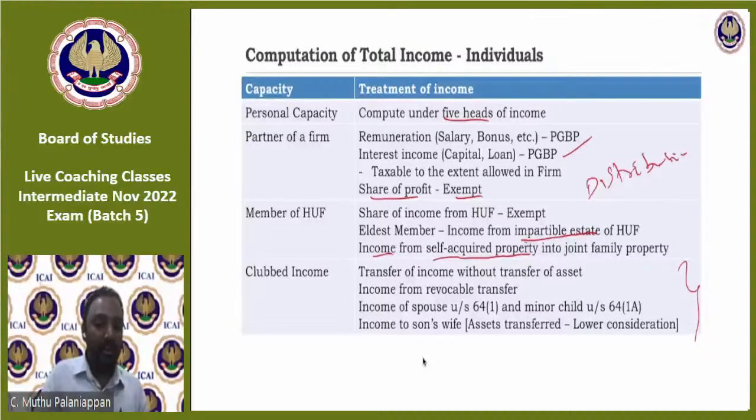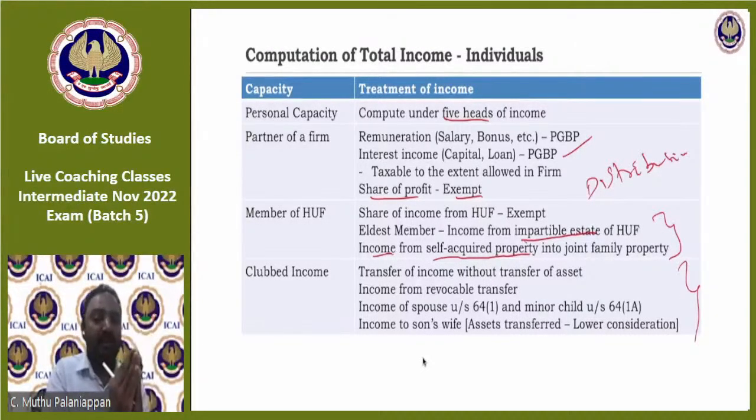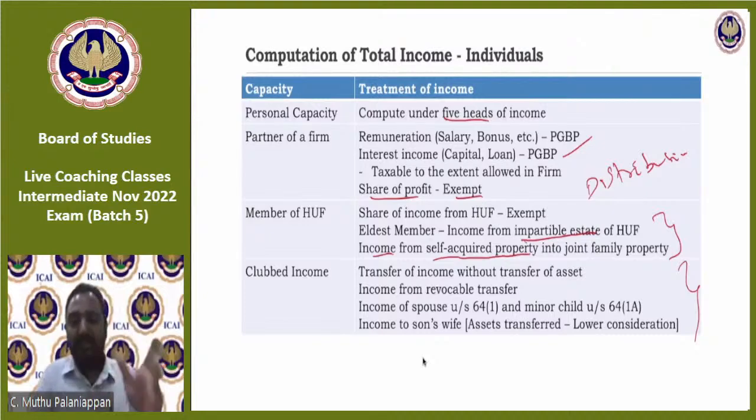So typically in your intermediate exam, how much of this will you be tested from these two listed here is very, very little. So this eldest member income from impartial estate or this income from self-acquired property converted into joint family property is a very rarely tested scenario. Typically, what you need to understand is you need to compute as an individual under the respective heads, find tax and calculate it.